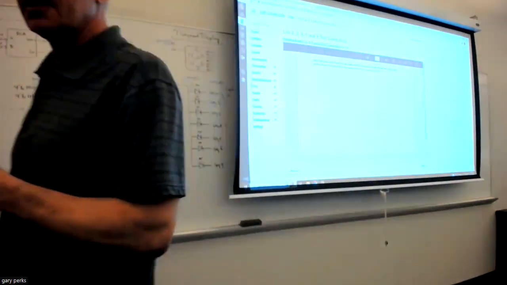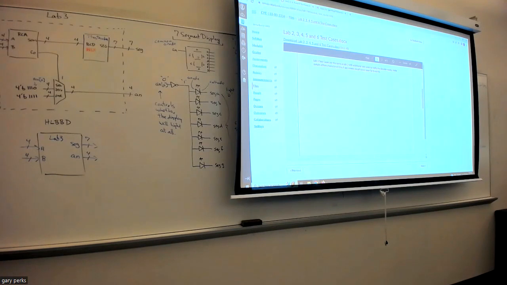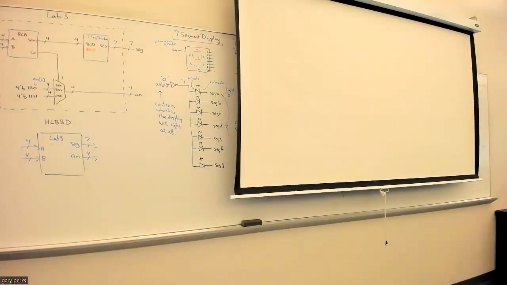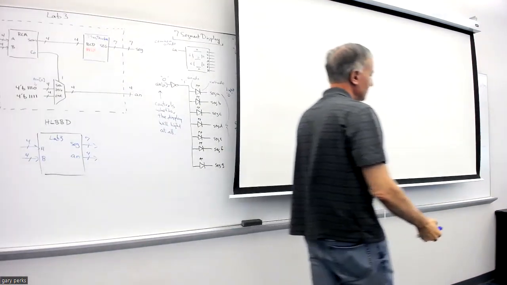All right. Just one more thing, and then you can get started. And I'll post this, but I'll talk a little bit about it before I post it. And that's the constraints for the 7-segment display, because you haven't done that yet, right? This is the first time you've used the 7-segment display.